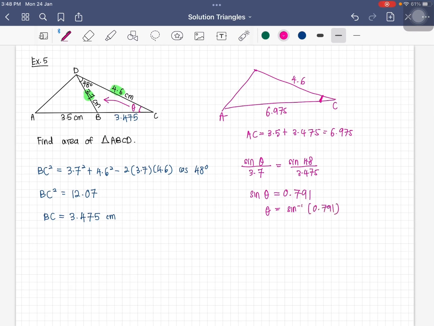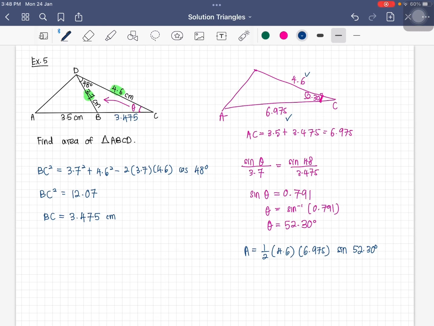To find theta, I need to find the sine inverse of this, so theta is actually 52.30 degrees. So that is angle theta, 52.30 degrees. Now you can find the area of the triangle, which is half AB sine C. This is A and this is B: 4.6 and 6.975 multiplied by sine of 52.30 degrees.